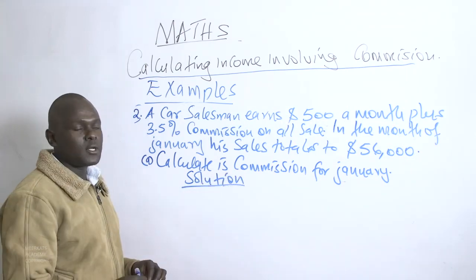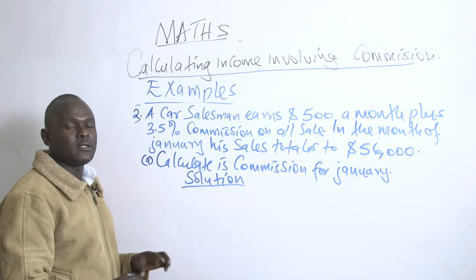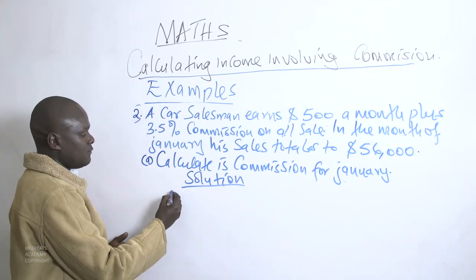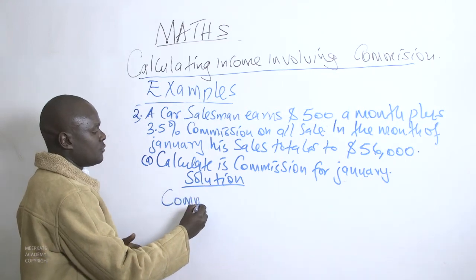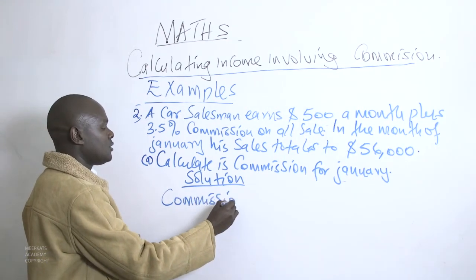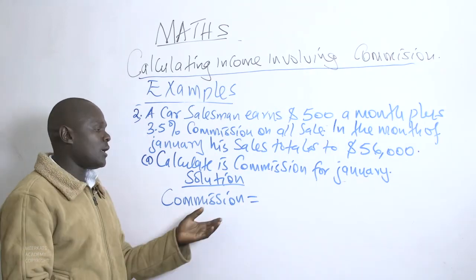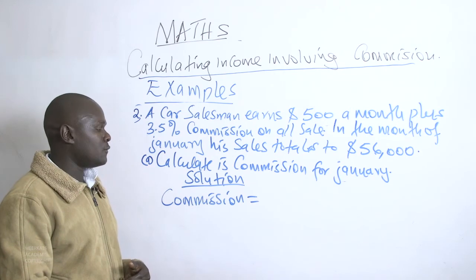They are not asking us to calculate the gross income, but just the commission for the month of January. And as we have learned about commission, it is good that you write down the guiding rule or principle that will help you get what you are looking for.